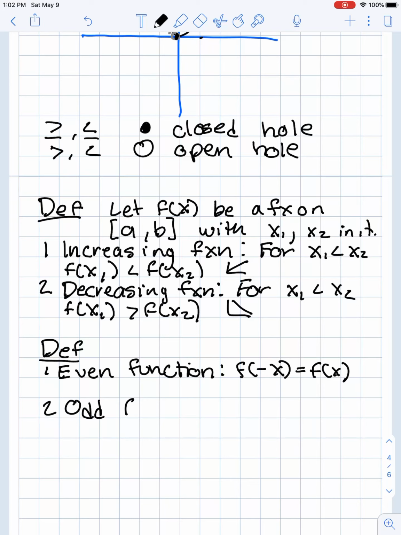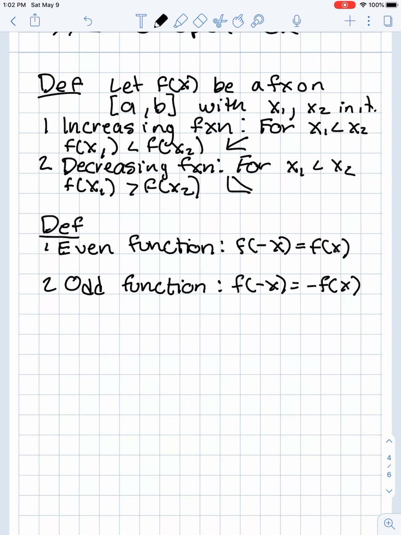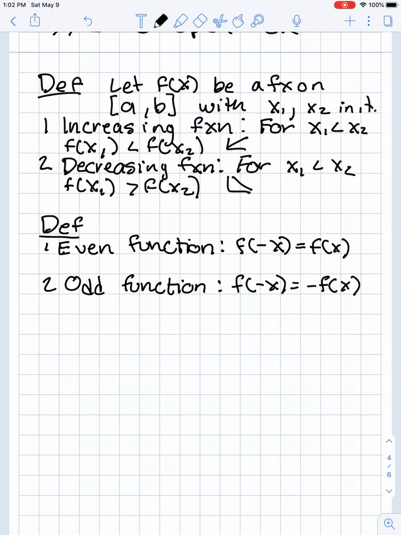And an odd function, f of negative x is going to equal negative f of x. So those seem not really intuitive in my opinion. So let's look at some examples.